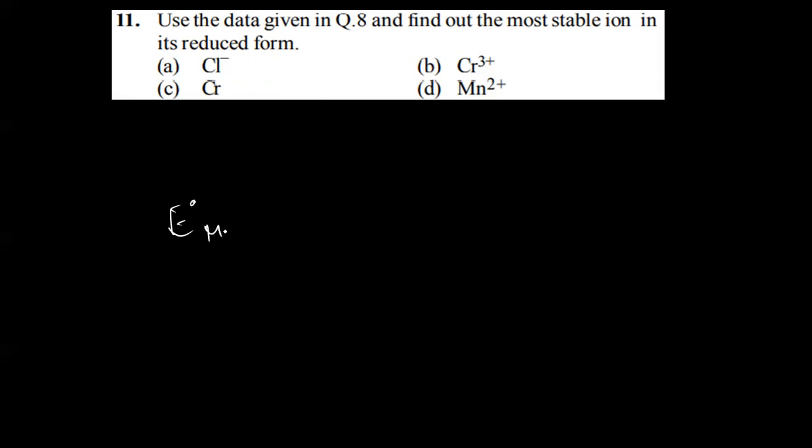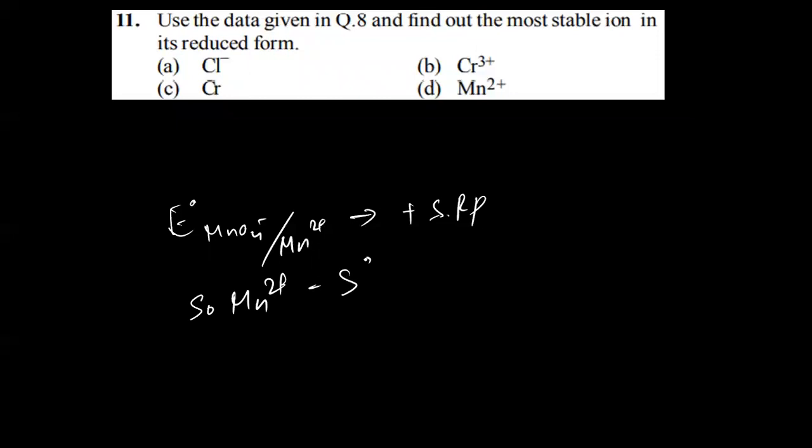So here E naught of MnO4 minus bar Mn2 plus has the highest positive SRP value in the given data. So Mn2 plus ion is the most stable ion among the given options in its reduced form. So for question number 11, it's option D.